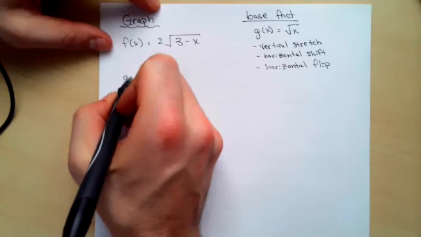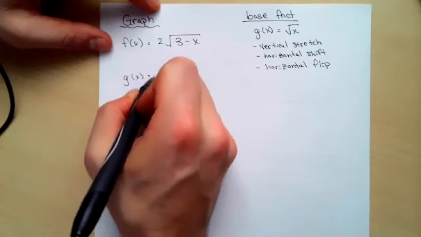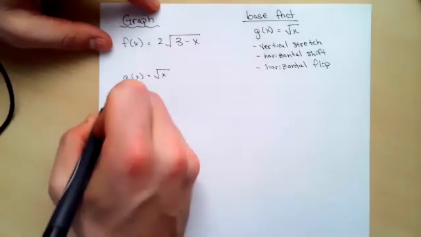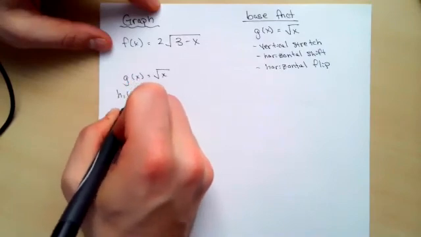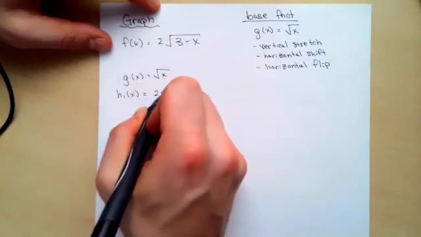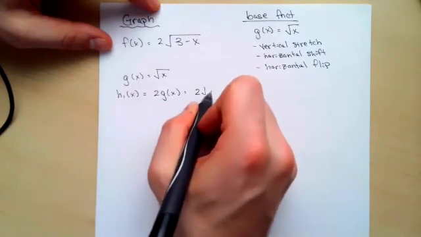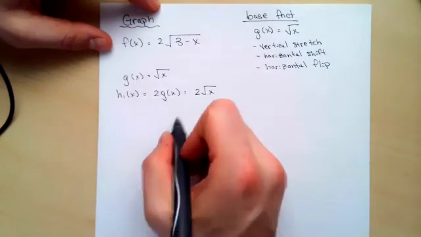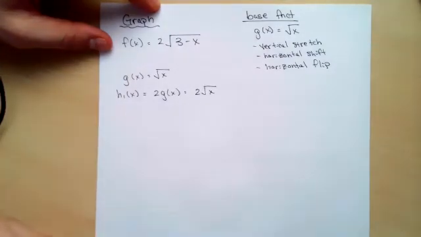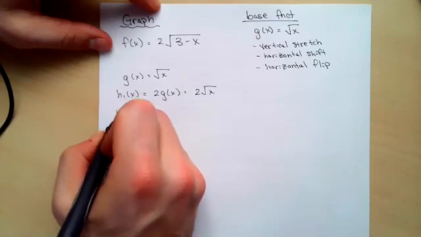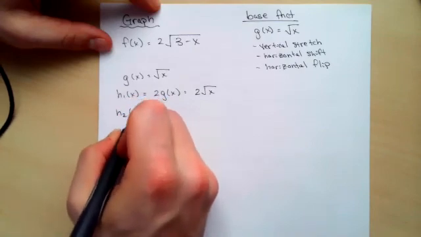So if we start with g of x, and we define our first transformation as stretch by 2, will be here. And now, what do we want to do as our second step?